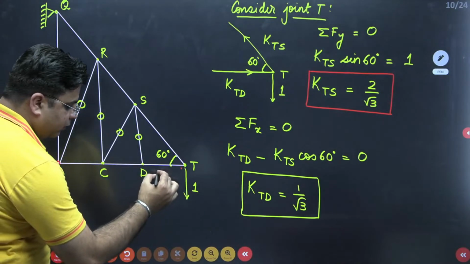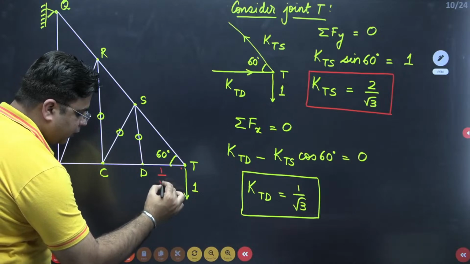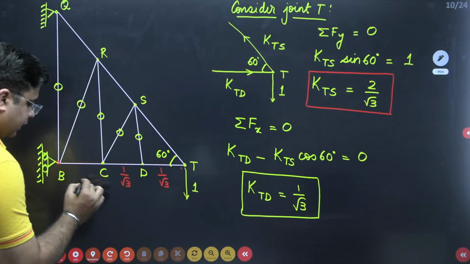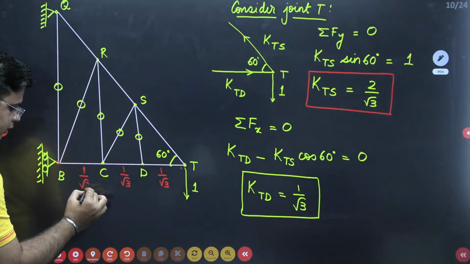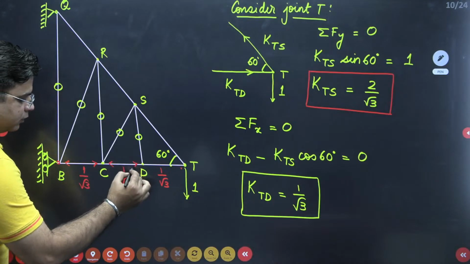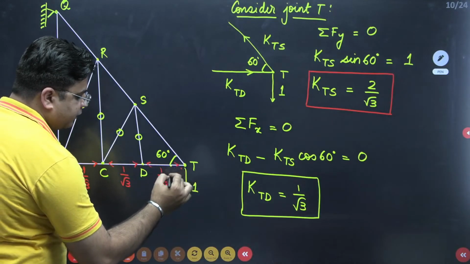So I'll just write down, this K value is 1 by root 3, this is also 1 by root 3, and this is also 1 by root 3. These are the K values of compressive nature.